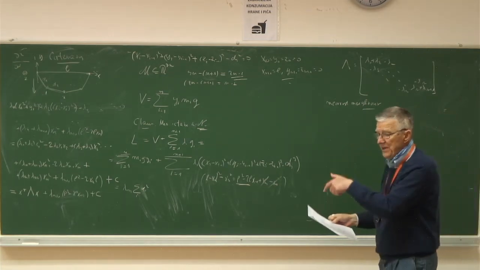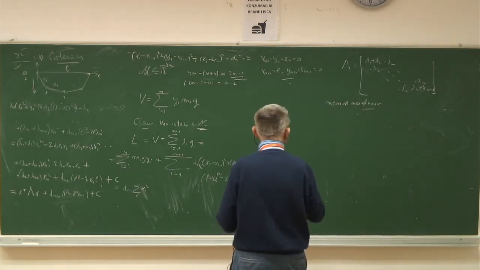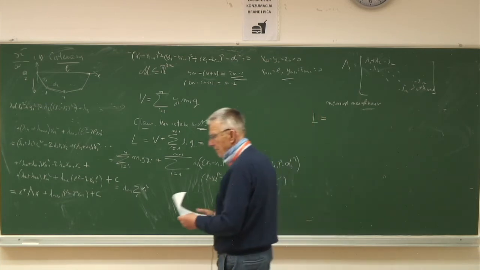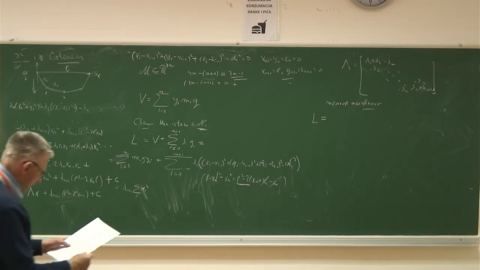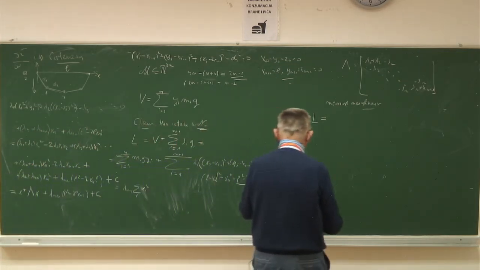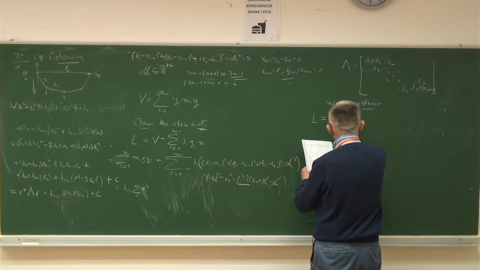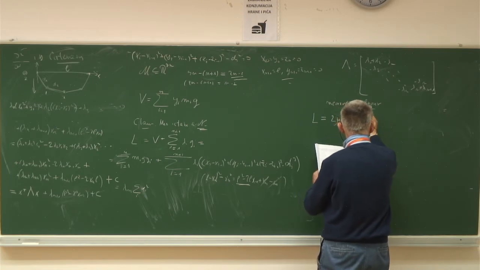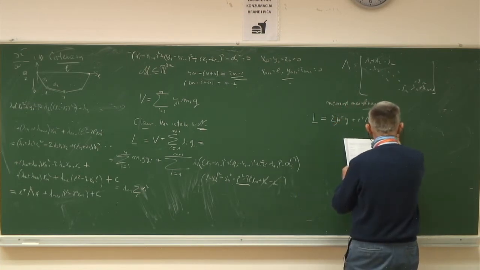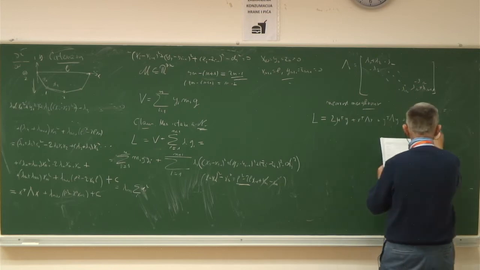So the same with y and z. So L is now equal to 2 mu transpose y plus x transpose lambda x plus y transpose lambda y plus z transpose lambda z, and plus the rest.